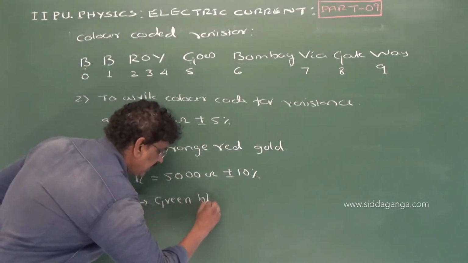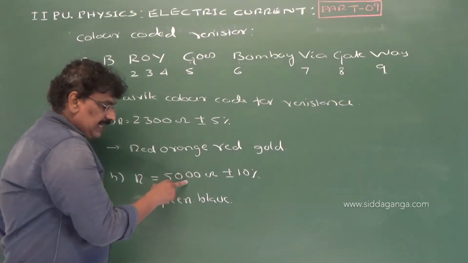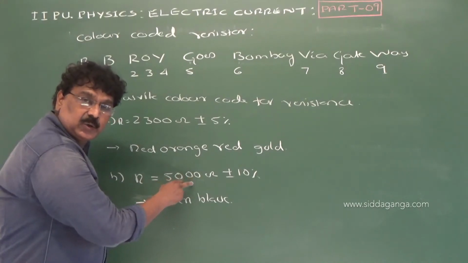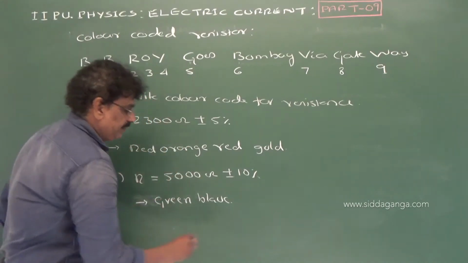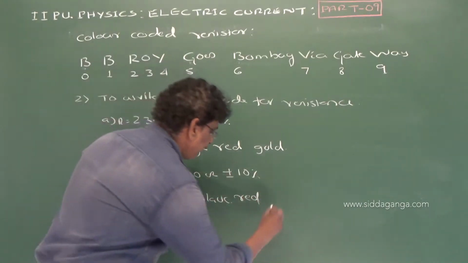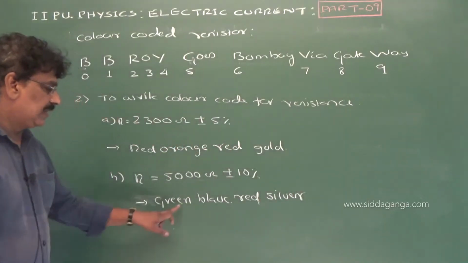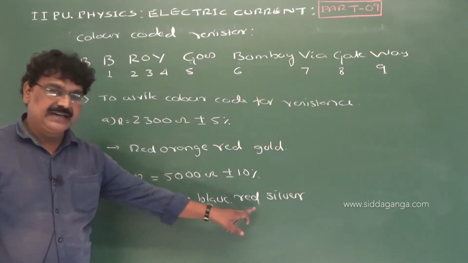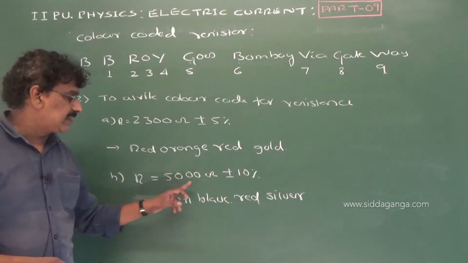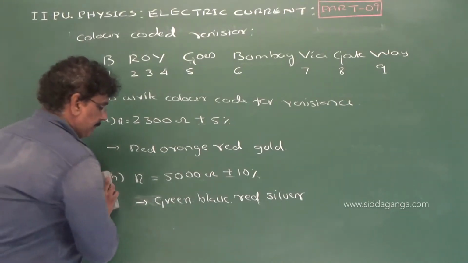So the second color is black. Now it is followed by 2 zeros. That means 2, which means red. Now obviously it is silver. So green, black, red, silver represents the resistance value 5000 ohm plus or minus 10%, right?